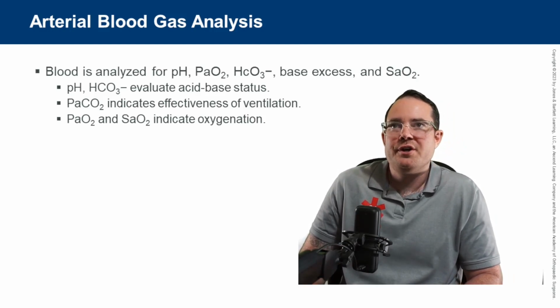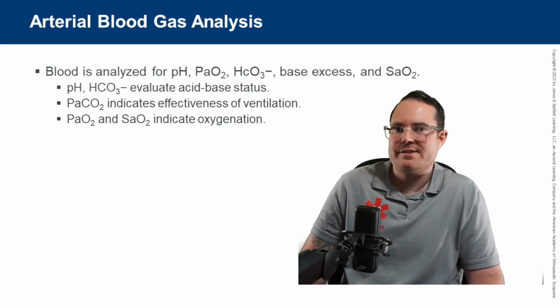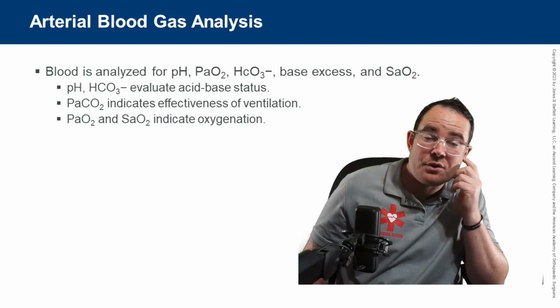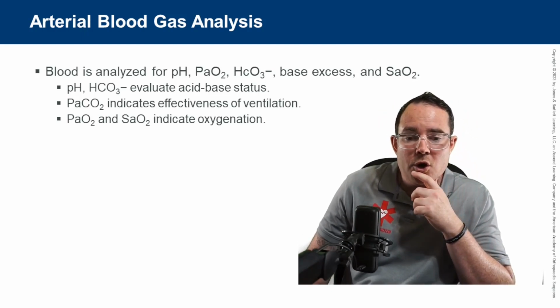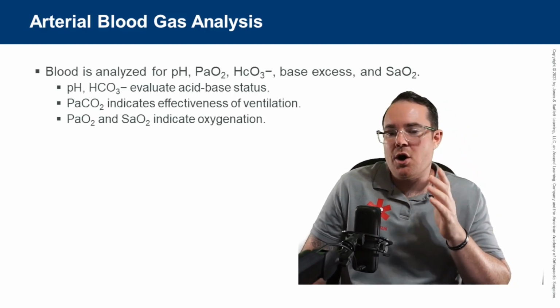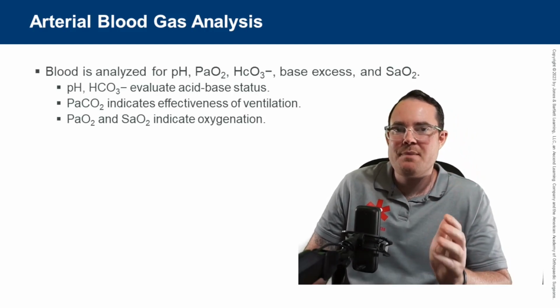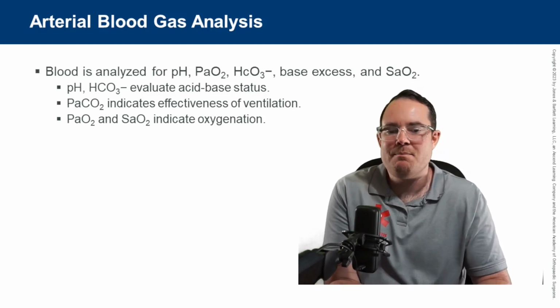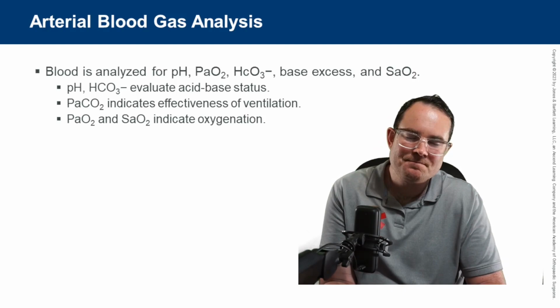And to get really good at answering ABG questions, you're going to have to do some practice. The one practice I think is the best is the ROME method. ROME stands for respiratory opposite, metabolic equal.